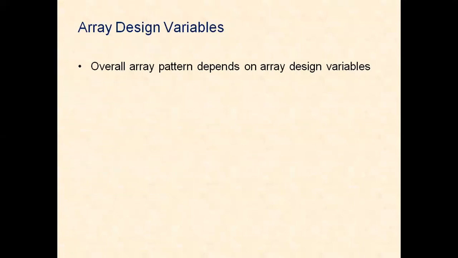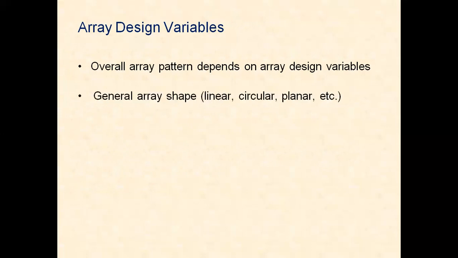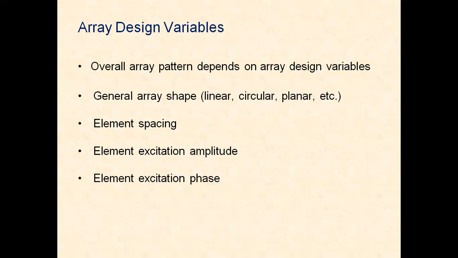Array design variables. The overall array pattern depends on the array design variables. First, the general array shape: linear, circular, planar, etc. Element spacing: we need to consider equal spacing for linear array elements. Element excitation amplitude: how much voltage we feed to the individual antennas, whether equal amplitudes or unequal amplitudes.